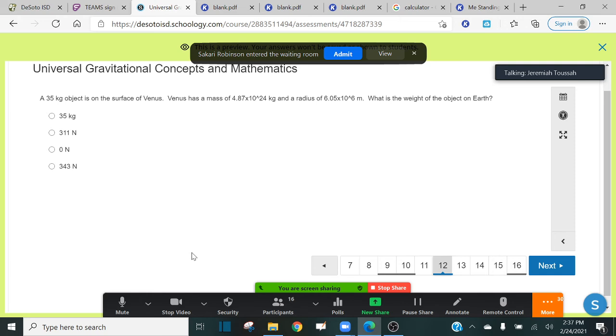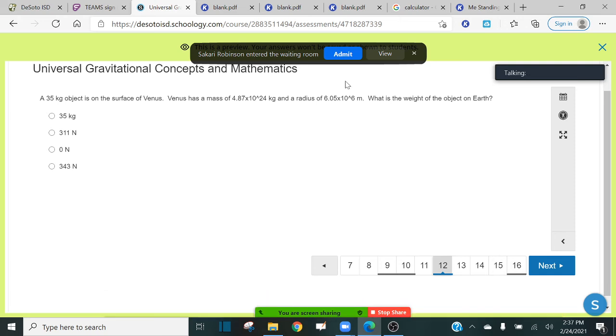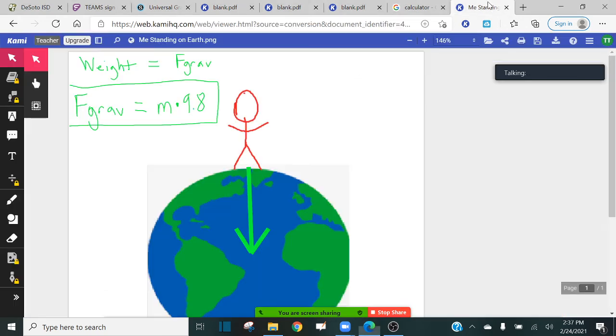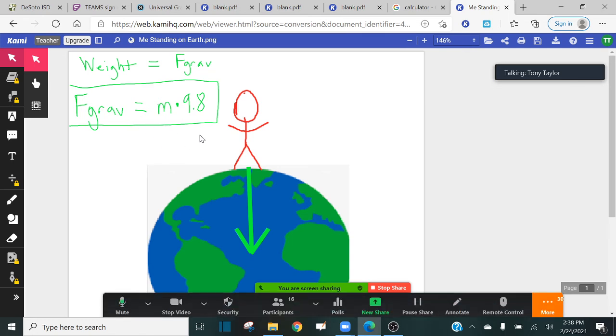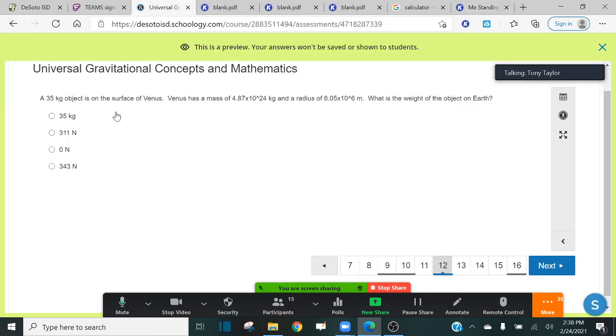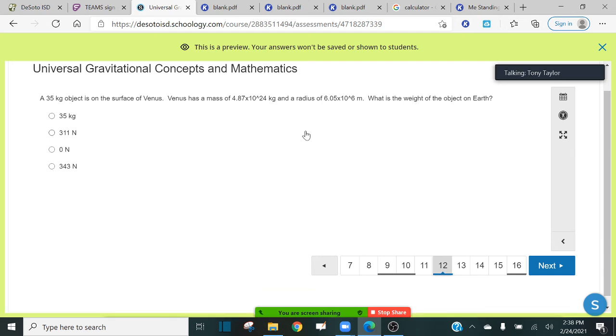Wait, what? Say it again. The equation for the force of gravity here on Earth is always mass times 9.8, Jeremiah. So they give you the mass and they ask you to find the weight. How do we do that? It's just mass times 9.8.